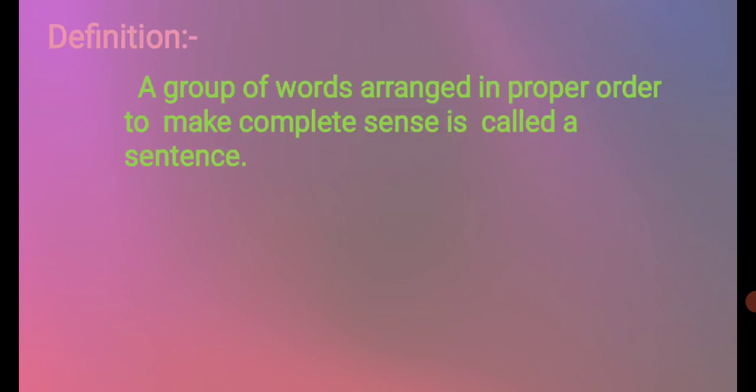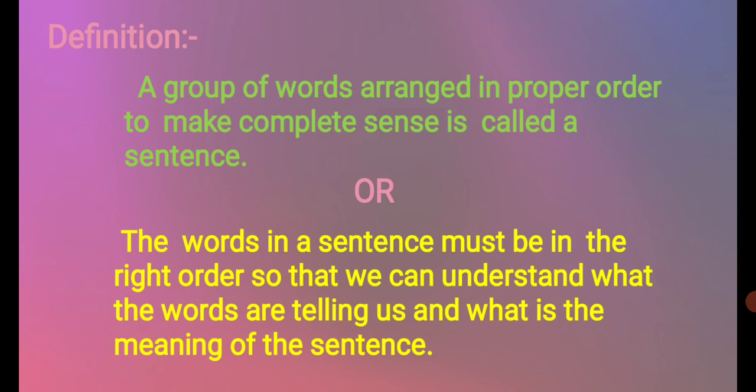Let's see the definition. A group of words arranged in proper order to make complete sense is called a sentence, right? Or we can say that the words in a sentence must be in the right order so that we can understand what the words are telling us and what the meaning of the sentence is.